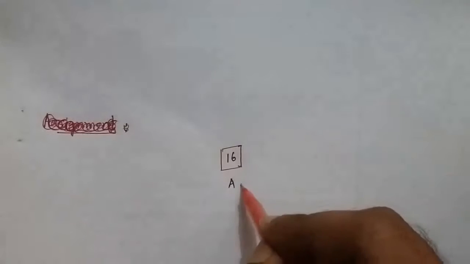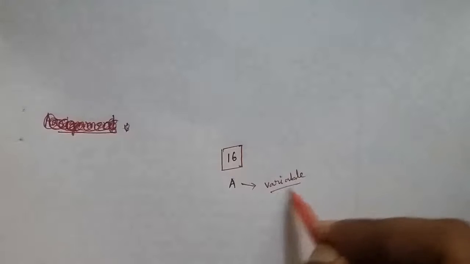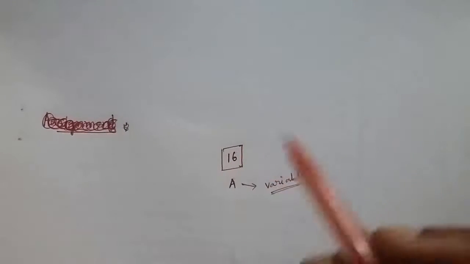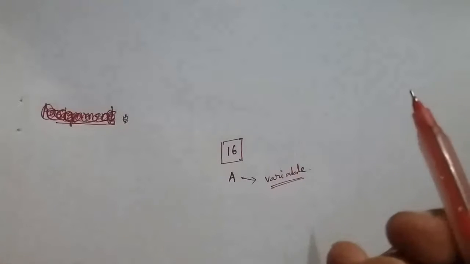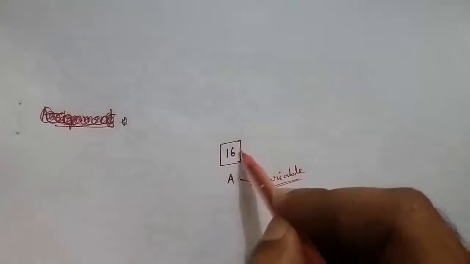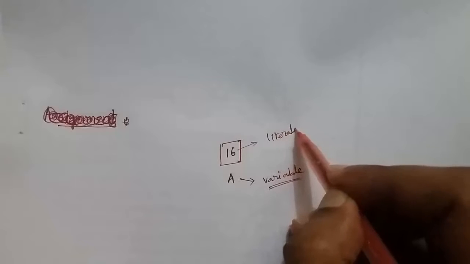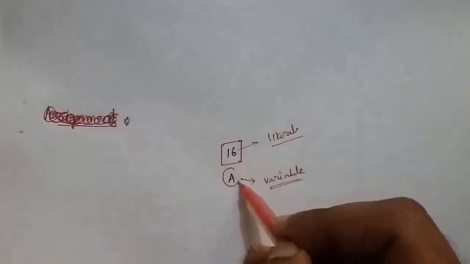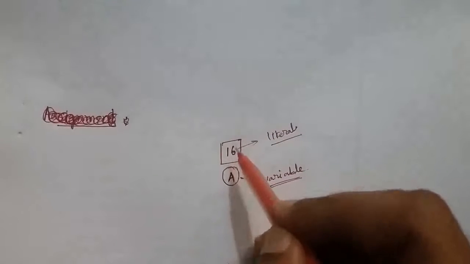So here we will tell this one is a variable because it is a named memory location which is used to store actual values, that means used to store literals or constants. So this one is literal, and this one is variable. This is the memory place and this is the constant value.